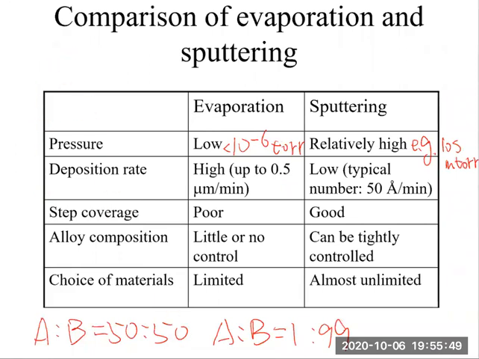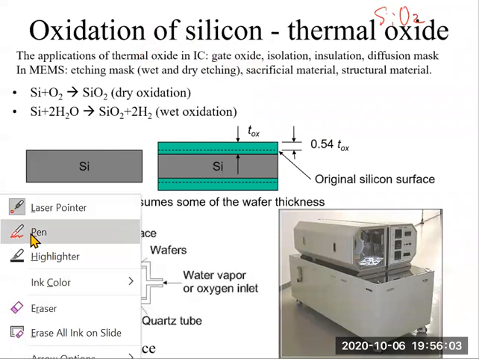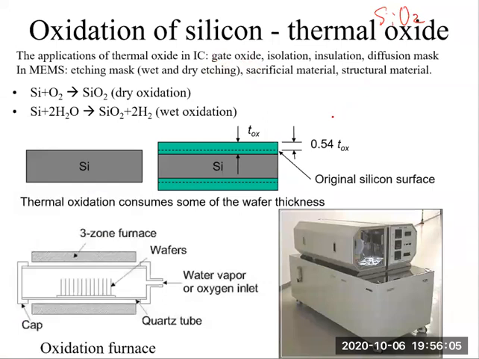The applications of thermal oxide in integrated circuits include gate oxide. This is probably the most important application of thermal silicon dioxide.